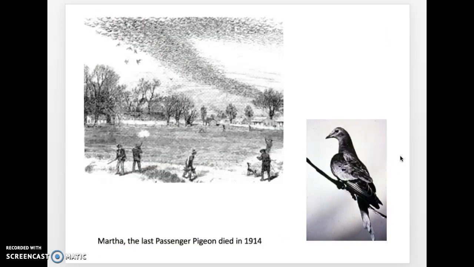Here's another example. This is the passenger pigeon, once considered to be one of the most abundant birds in North America. They used to migrate in these huge flocks, north to their nesting and breeding grounds in the summer, and then back down south.